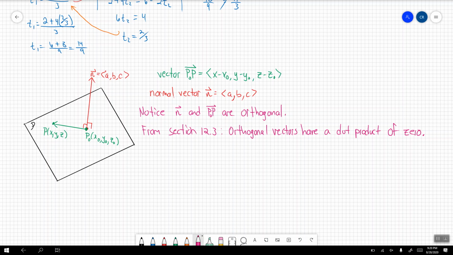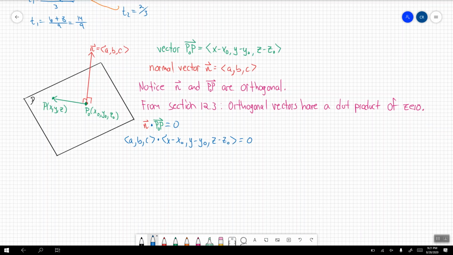So that means that I can now take the two vectors that I have built here and take their dot product. So now I'm going to take vector n and take the dot product with vector P naught to P, and this dot product will be equal to 0 because they are orthogonal vectors. So naturally now I will have vector a, b, c dot vector x minus x naught, y minus y naught, and z minus z naught is equal to 0.